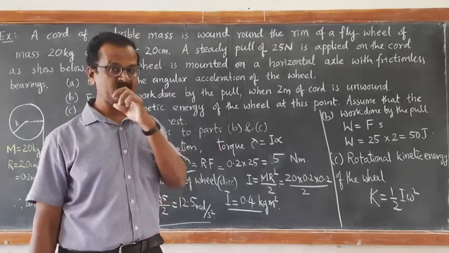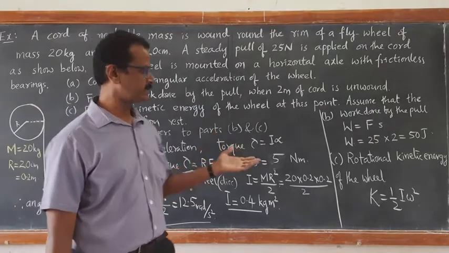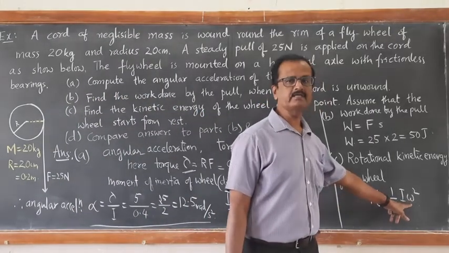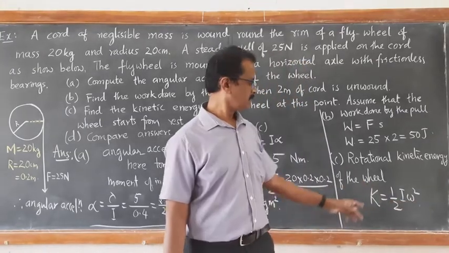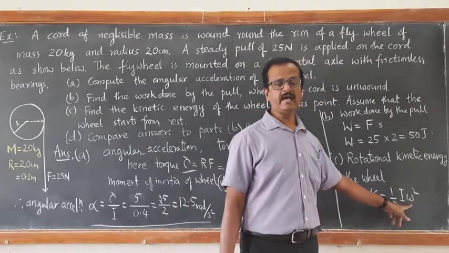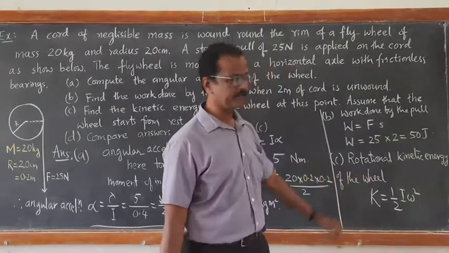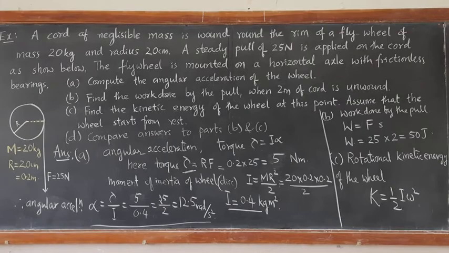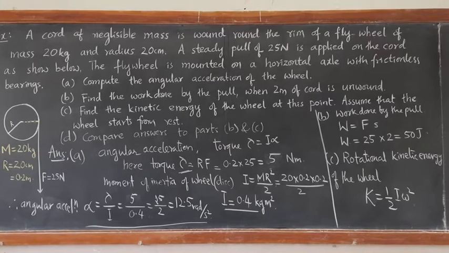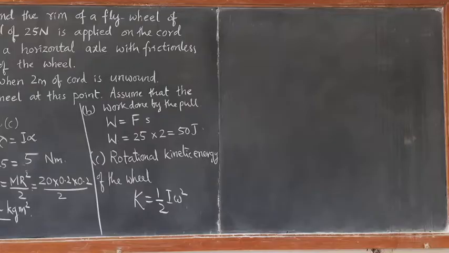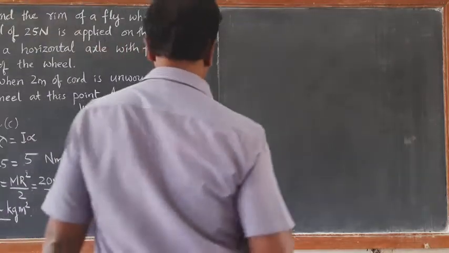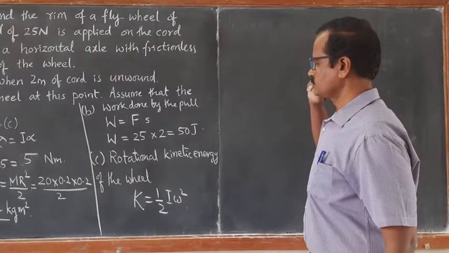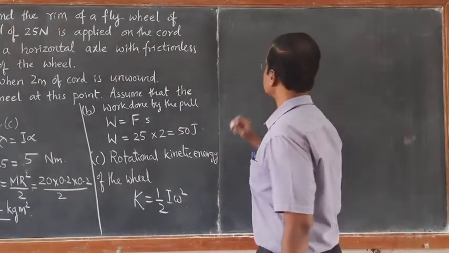We have to calculate the final kinetic energy, which is half I omega square, where omega is the final angular velocity. We know angular acceleration, right?